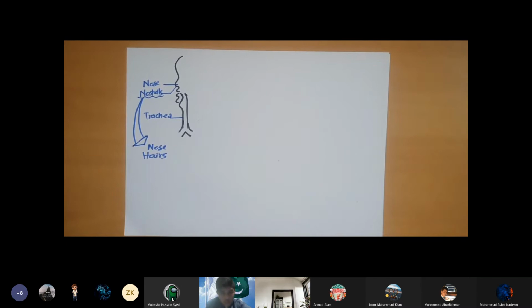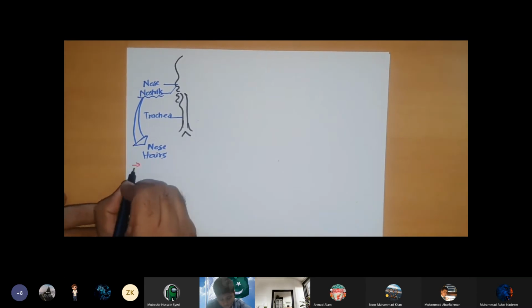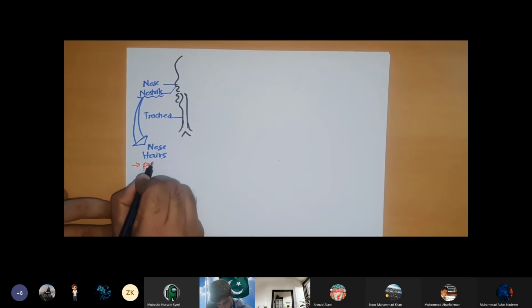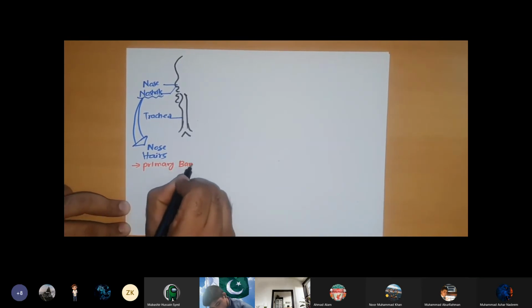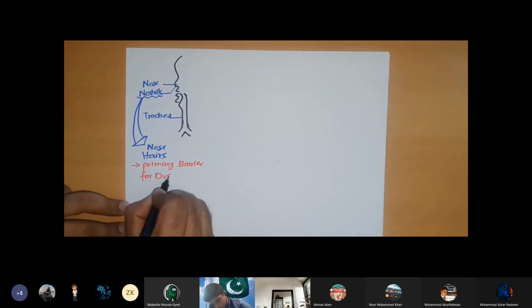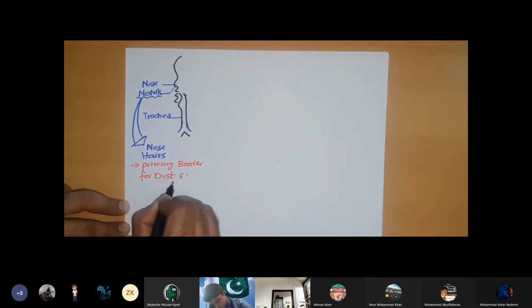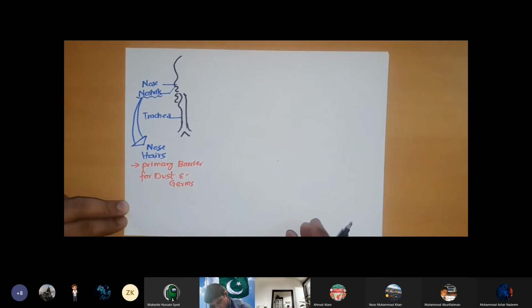They are the first ones that prevent the dust and germs from entering into the body. This is one thing which the nose hairs do.